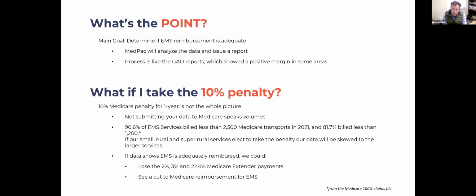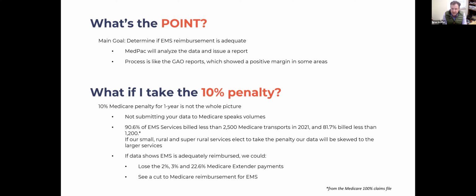The vast majority of the industry are small and in many cases rural providers. So for instance, 90.6% of EMS services billed less than 2,500 Medicare transports in calendar year 2021, or less than about 200 or so trips a month. And 81% or 82% of the industry billed less than 100 Medicare trips a month.